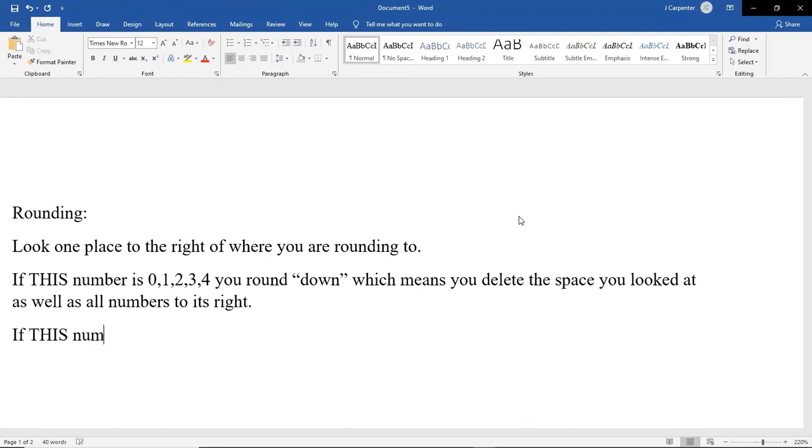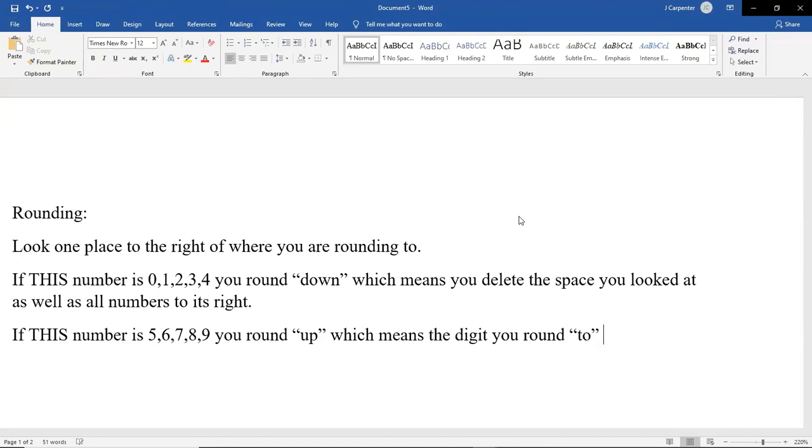But if that number was 5, 6, 7, 8, or 9, then you round up, which means the digit you round to goes up by 1, and all numbers to its right get deleted.